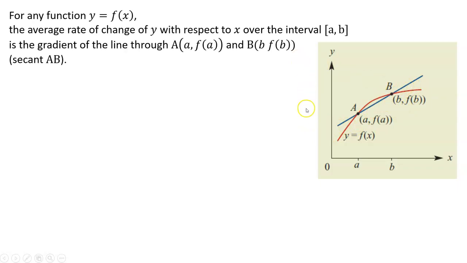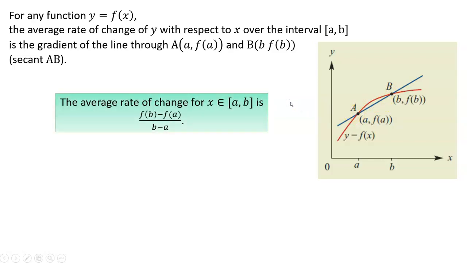So for any function, f of x, which is my red line, the average rate of change of y with respect to x over an interval ab, that's inclusive, is the gradient of the line through the points A and B. So what we can say, and this should be a refresher from the previous chapter, the average rate of change for x in the interval a to b inclusive is f of b minus f of a over b minus a.